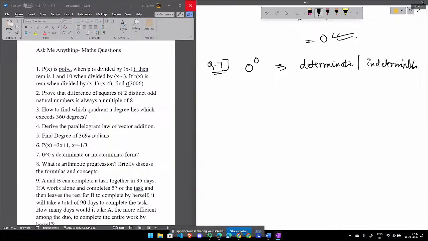So in mathematics we have a total of 7 indeterminate forms as per the theory I'm telling you, and 0 to the power 0 is an indeterminate form. That was just the statement I told all of you, that 0 to the power 0 is an indeterminate form. But why is it so?